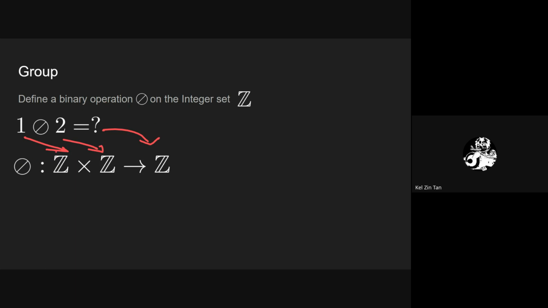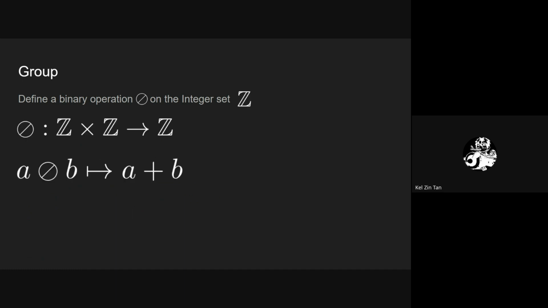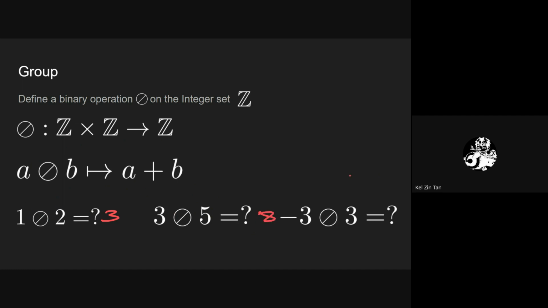This is just a fancier way to define the operation. In math, we call this the domain, if you remember, and this is the codomain, from your SPM. Now I can define my binary operation slash with anything I want. For example, I can define A/B to become A plus B. What this essentially means is that 1/2 is just 3, 3/5 is just 8, and -3/3 will be 0.